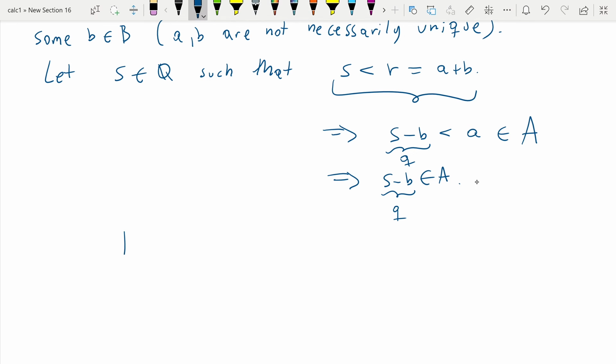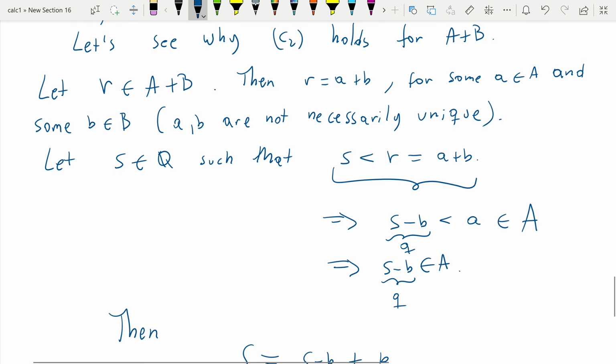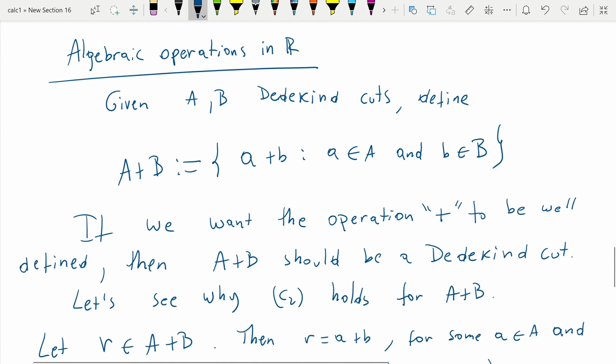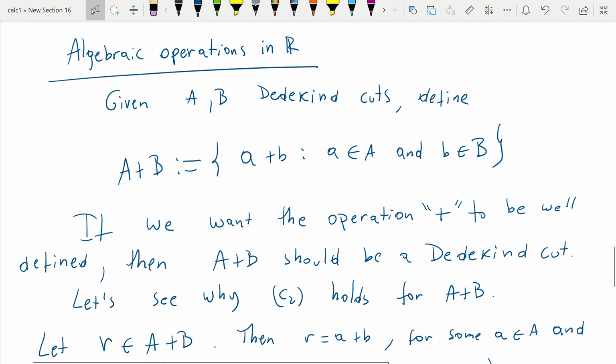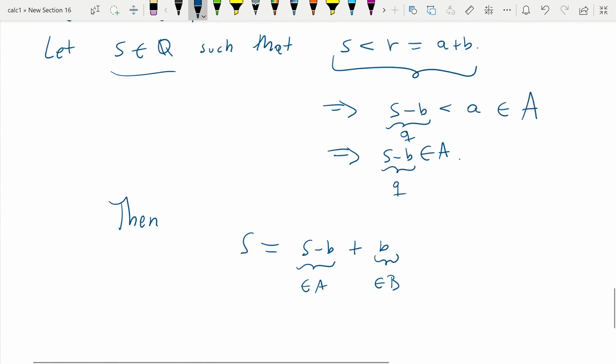But then we can write s as s minus b plus b, and this is in A, and this element here is in B, and the set A plus B is the set of all rational numbers that can be written as the sum of one element in A and one element in B, which is the case here.